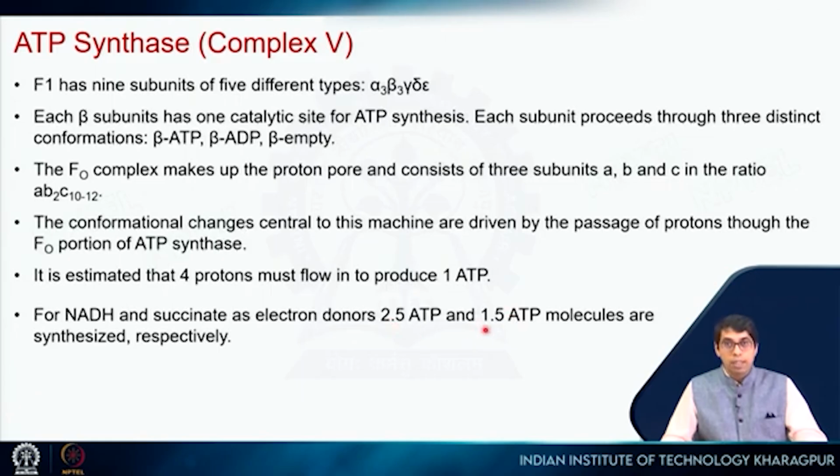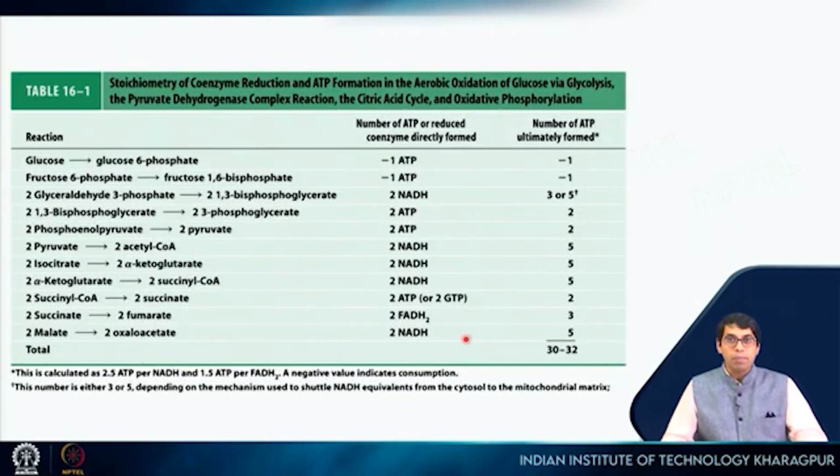So, that is where we get these numbers 2.5 ATP and 1.5 ATP. Again, if we go back to this table, you see that from NADH, we will get 3 or 5 because it is calculated as 2.5 ATP per NADH and 1.5 ATP per FADH2, which is coming from succinate.